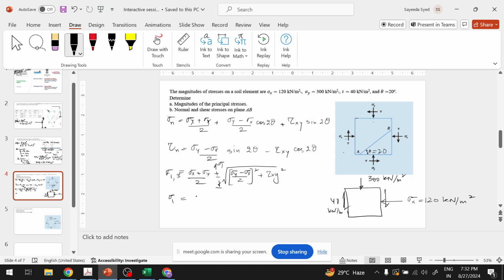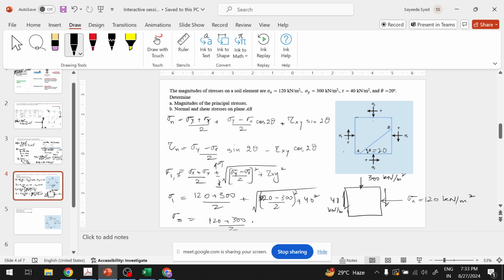So sigma 1 will be, x is 120, plus 300 over 2 plus square root of, I mean the same thing, there is a square here, 120 minus 300 over 2 square plus 40 square, and sigma 3 will be 120 plus 300 over 2 minus square root of 120 minus 300 over 2 whole square plus 40 square.